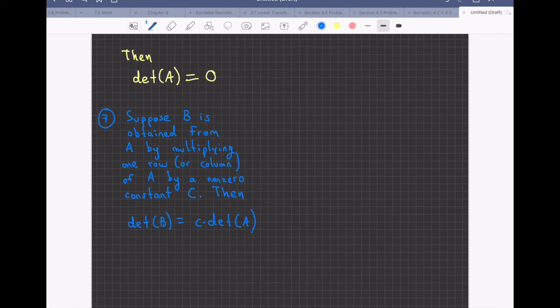This is not saying that you have to multiply all the elements in the matrix. No. Only one row or one column.